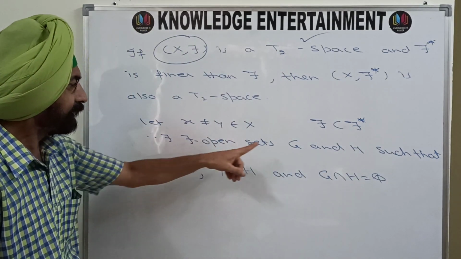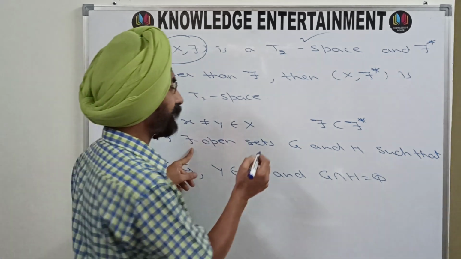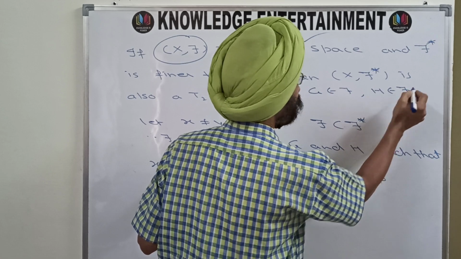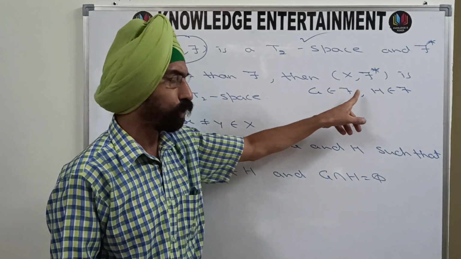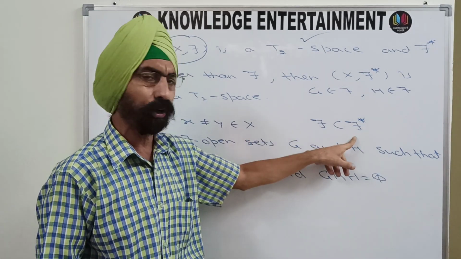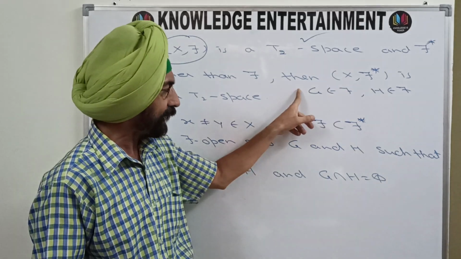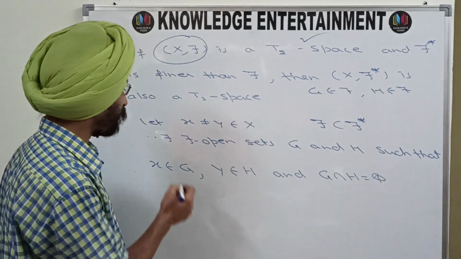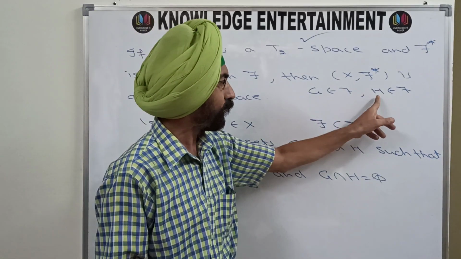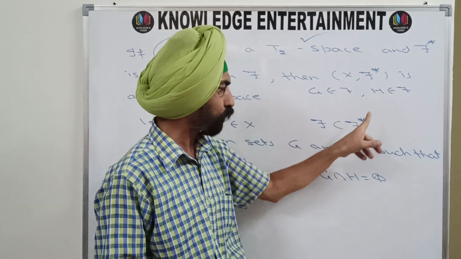Tau star is finer than tau means tau is a subset of tau star. When you say that G and H are tau open sets, in fact you are saying G belongs to tau and H belongs to tau. Since tau is a subset of tau star, G definitely belongs to tau star. So if G is a tau open set, then G is a tau star open set. Also, H is a tau open set, and tau is a subset of tau star, so H also belongs to tau star.